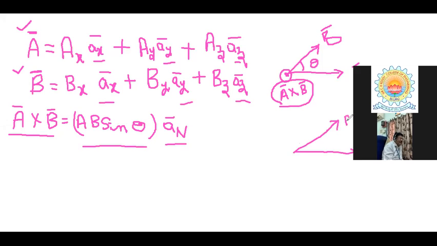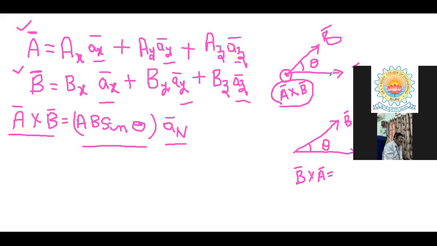Here, if you take B bar cross A bar, then turn your fingers. Here we are discussing only the direction. So the magnitude is the same. A cross B bar or B bar cross A bar, the magnitude is AB sin theta.